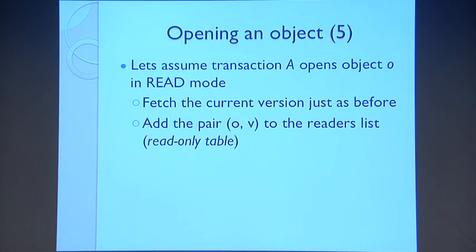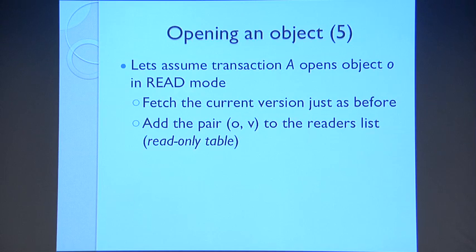One of the optimizations they made is that if we just open an object in read mode, not in write mode, then instead of doing this CAS operation, which is more expensive than usual reads and writes and might lead to other failures, we just fetch the current version. Each object has a version. I haven't told you about it for this thing.